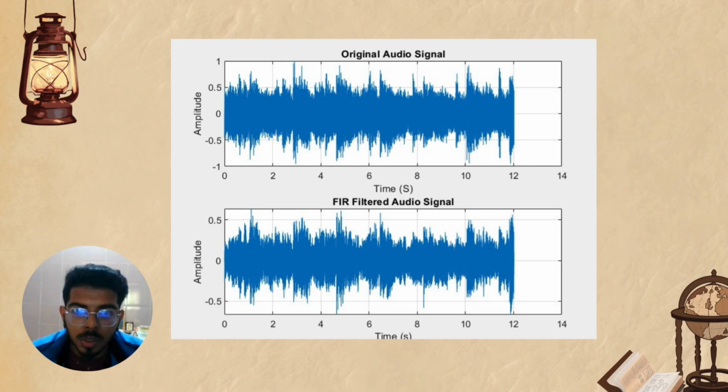So the amplitude of the original signal is dense and shows the presence of noise, making the waveform appear more chaotic. And then for the FIR filter audio signal, the filtered signal appears smoother with less high frequency noise, achieving successful noise attenuation while maintaining overall signal structure.